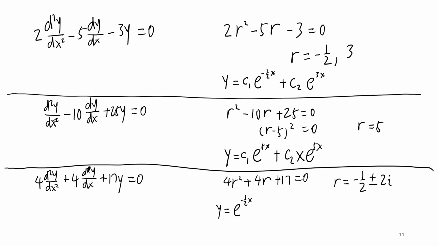But for the imaginary part, that will give us the cosine and sine terms. These three examples cover all three cases that we talked about last time.